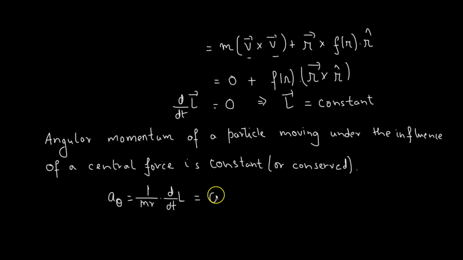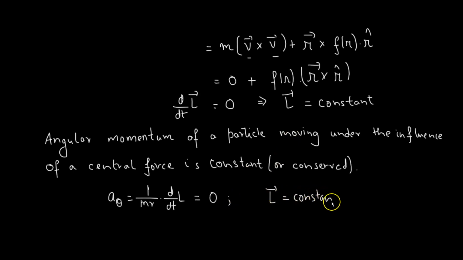So that means the angular part of acceleration is also 0. The particle moving under the influence of a central force is not going to get accelerated in the theta direction. So there will be only acceleration along the radial direction, and that will be the centrifugal acceleration. So this is one. And also L vector is a constant.